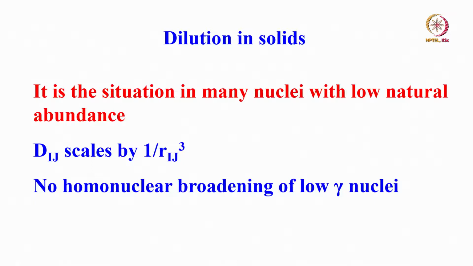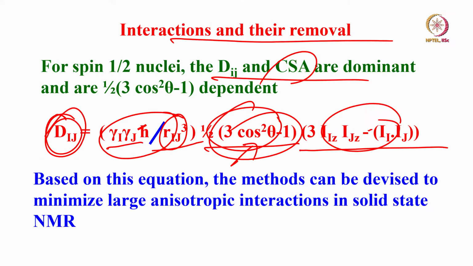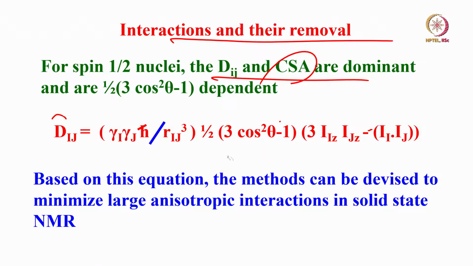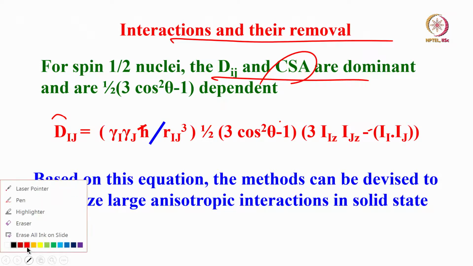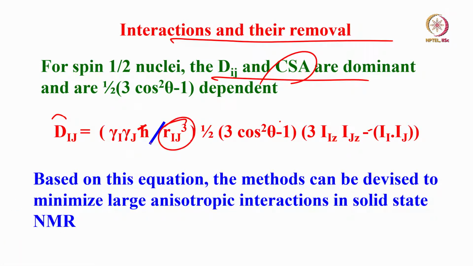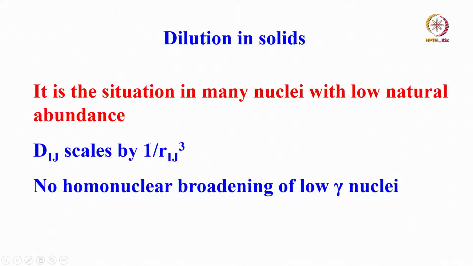Now go back to this equation. I can introduce one important term called dilution in solids. Look at this one. Here Rij cube is in the denominator. That is what I wanted to say. It is the situation when you look at low gamma nuclei like carbon 13 and carbon 13.